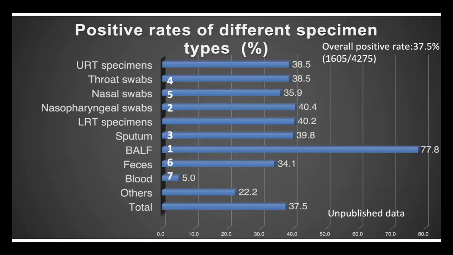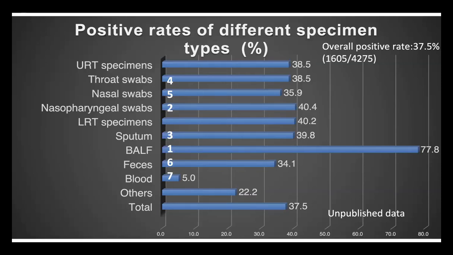So to find out which specimen types have higher detection efficiency, we compared the positive rates among 7 specimen types. BAF, nasopharyngeal swabs, and sputum were top 3. Their positive rates were 77.8%, 40.4%, and 39.8%.